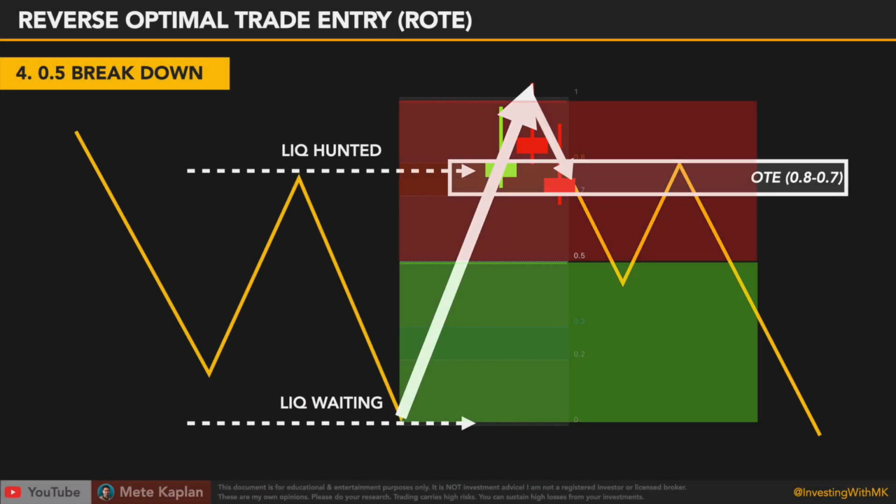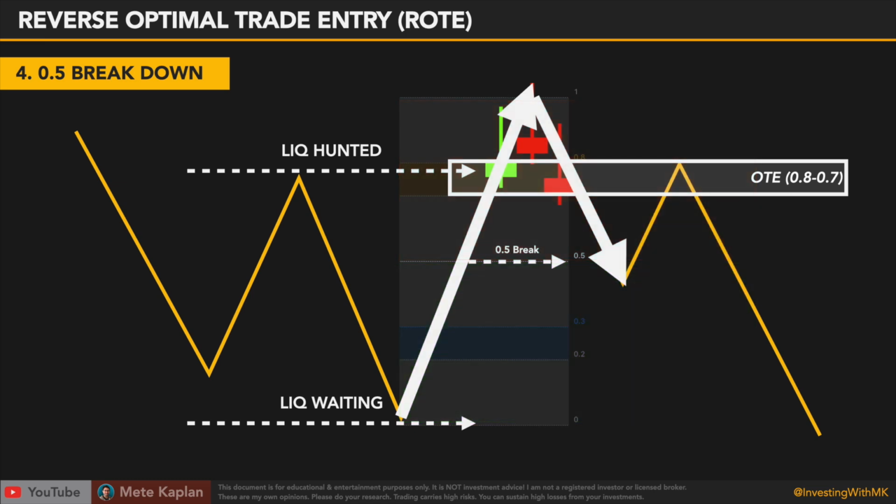One of the important parts of this strategy is the price should break the balance point first, which is 0.5. Since this is a rule-based trading strategy, it is important to follow the rules. I have friends that only use this trading strategy. It just requires practice.